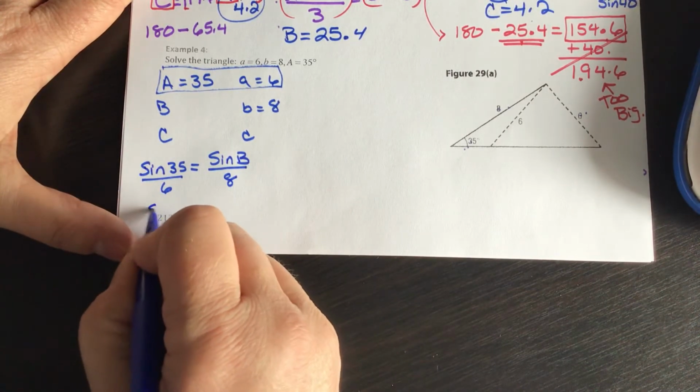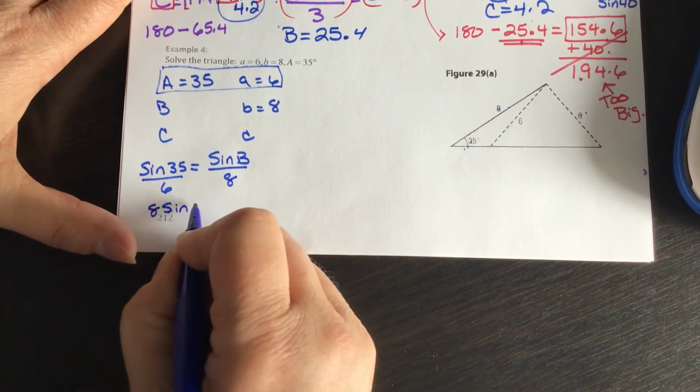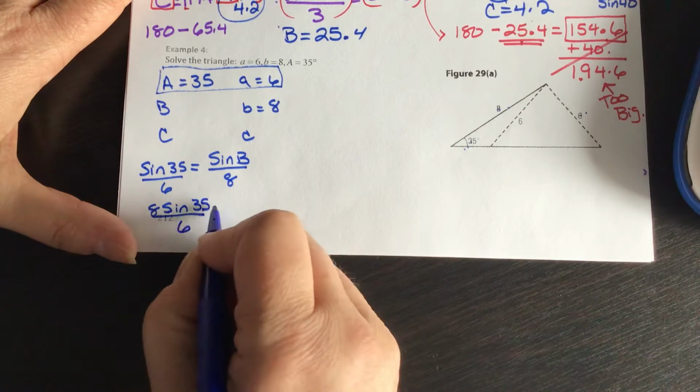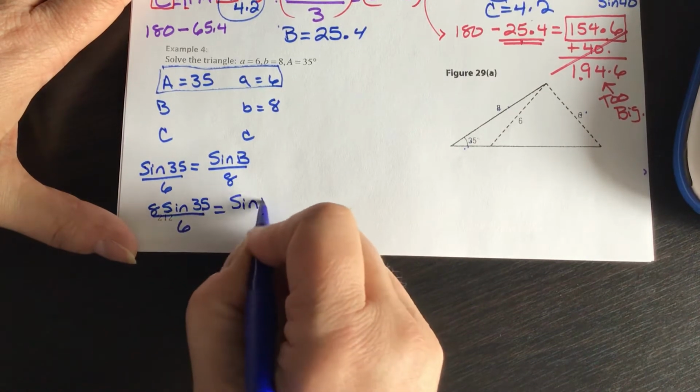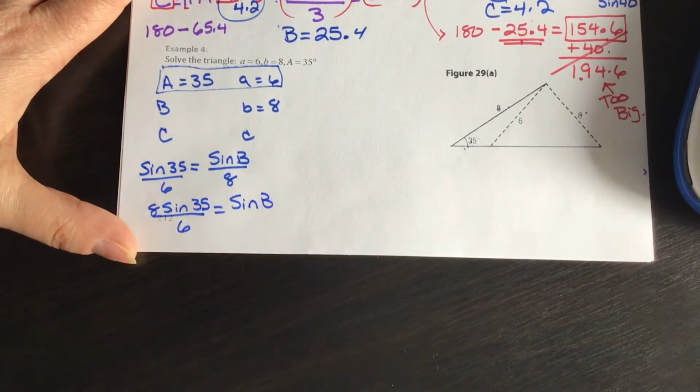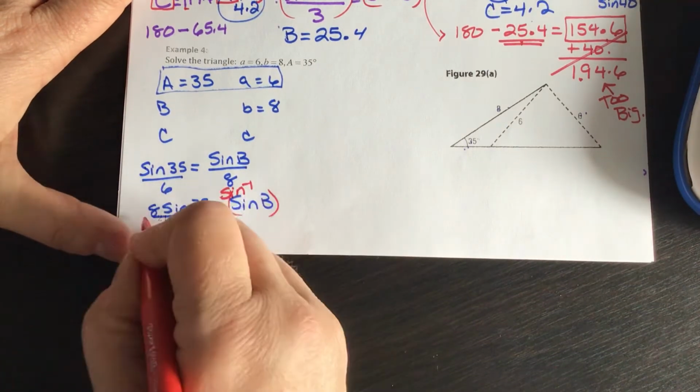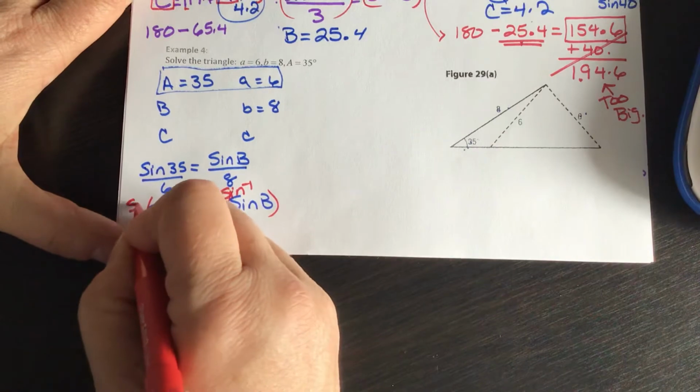So I have 8 sine 35 over 6 is sine B. I want to do the inverse sine of all of this.